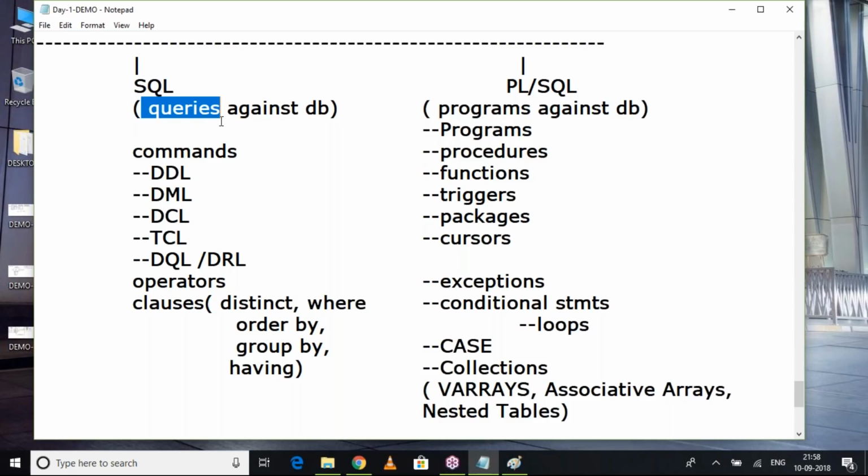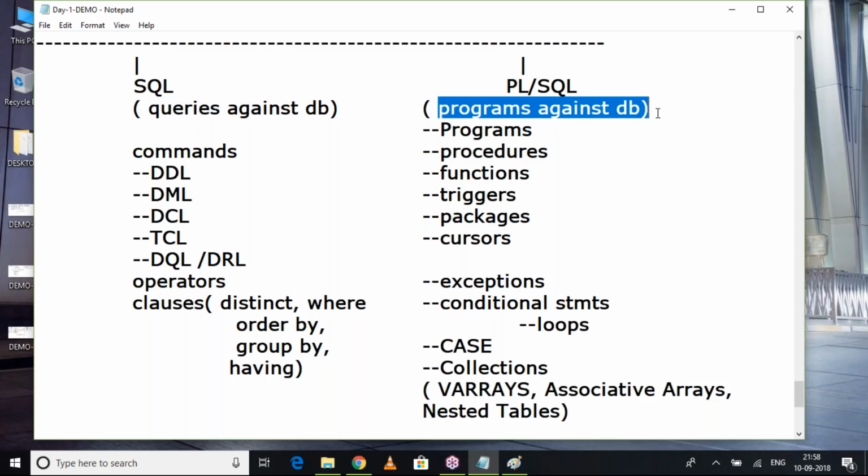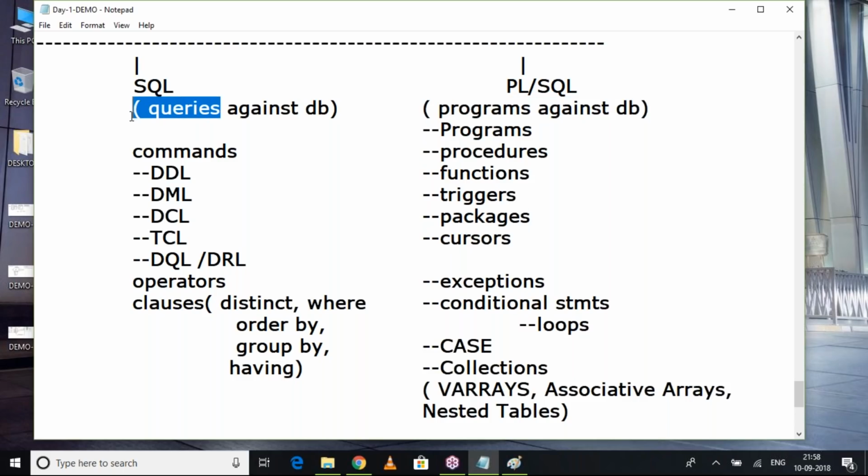Within a single interaction, you can do one work here. Within a single interaction, you can do multiple tasks by writing programs. Query is a single statement; a program is a collection of statements. This is basic and this is advanced.